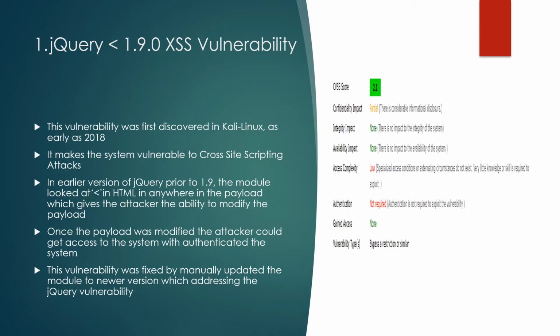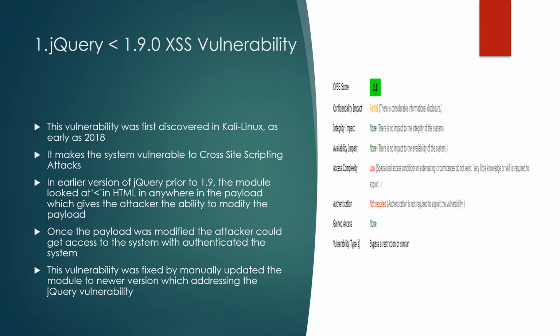Whenever that greater than sign is in any part of the load, it gives the attacker access if it has been exploited. Once the payload is modified, the attacker would have access to the system without using any authentication or needing any credentials to get into the system.